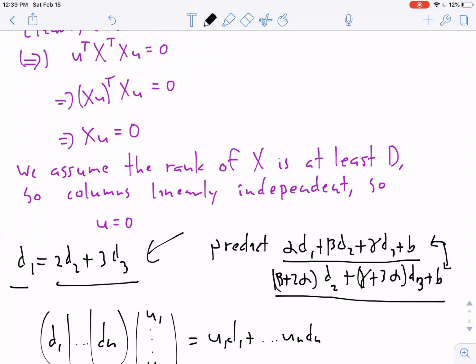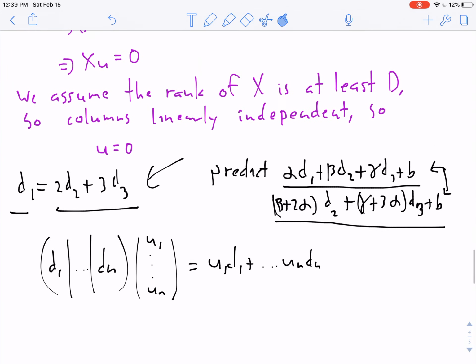So if the columns of D were not linearly independent, we could just get rid of them until we had linearly independent columns, and we wouldn't lose any predictive power. Sort of like saying, in a regression, why would you include somebody's height in centimeters and also their height in inches? That wouldn't make any sense. You wouldn't need to do that. So we can assume that the data is linearly independent.